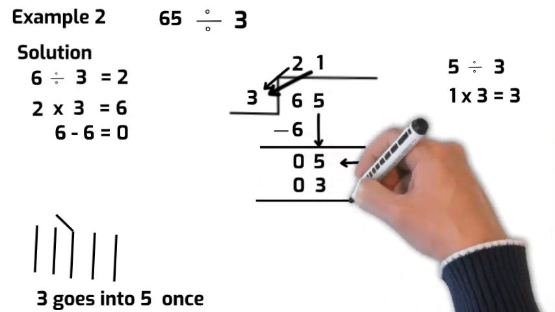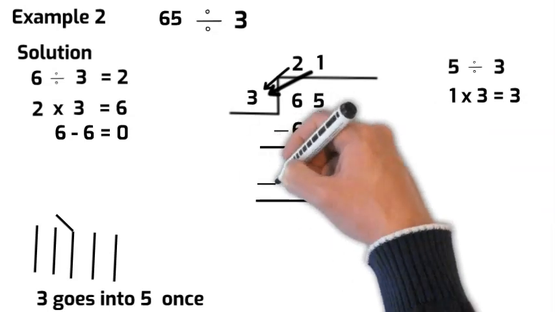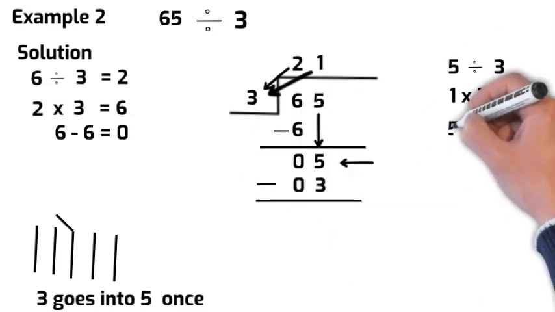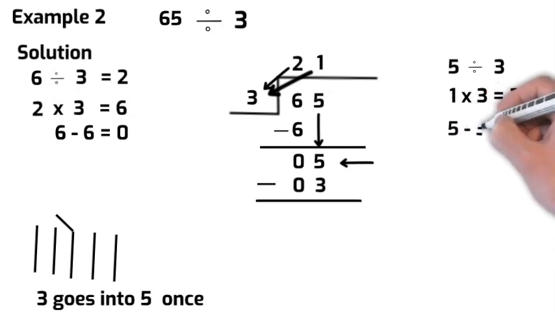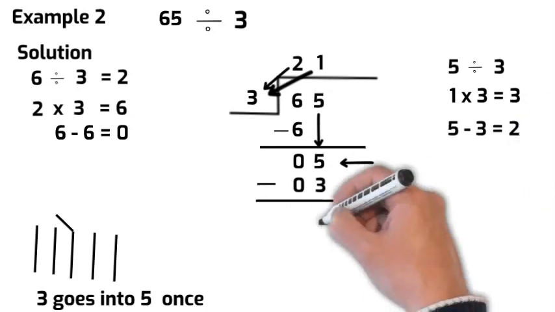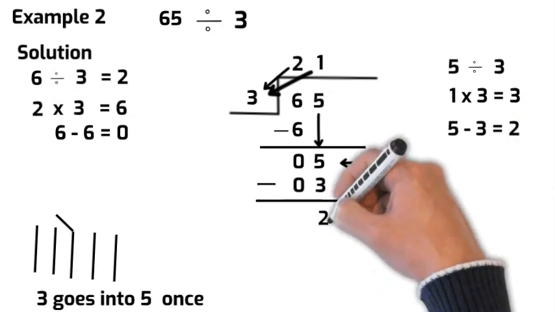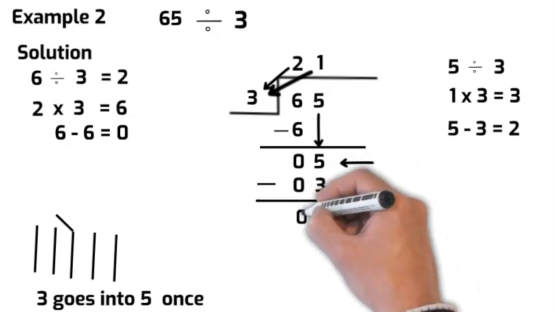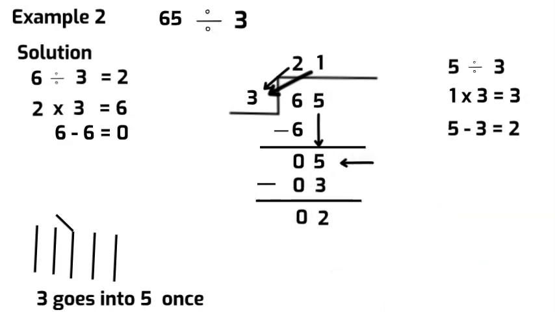Next, we subtract 5 minus 3. When we take 3 from 5, we have 2. 5 minus 3 is 2. We are done with our division. Since there is no more digit to move down from the dividend, it means we are through with our division.